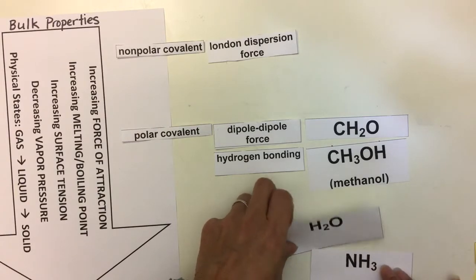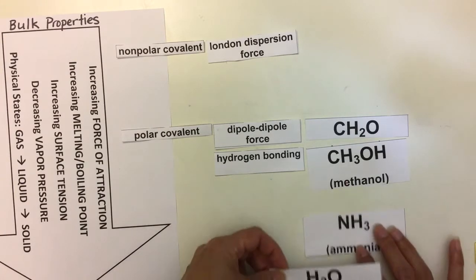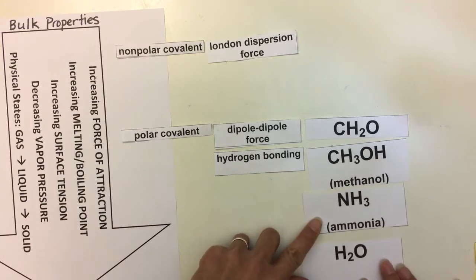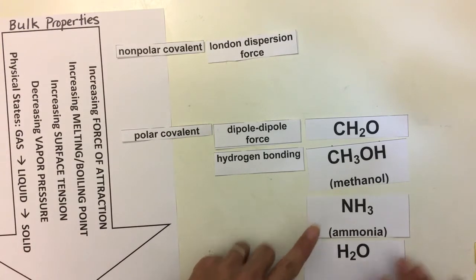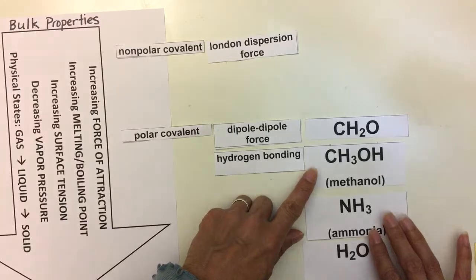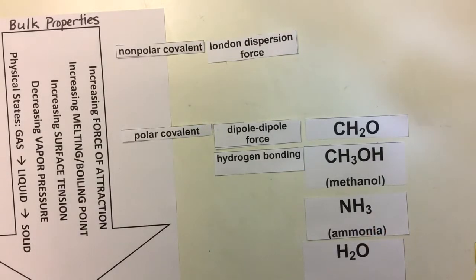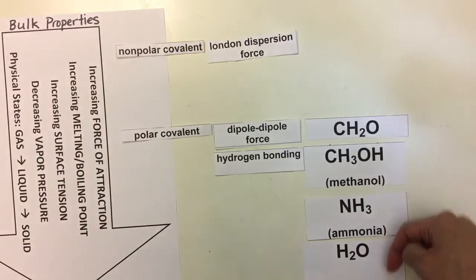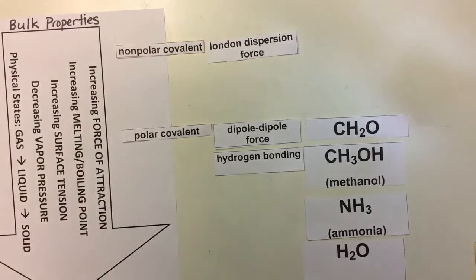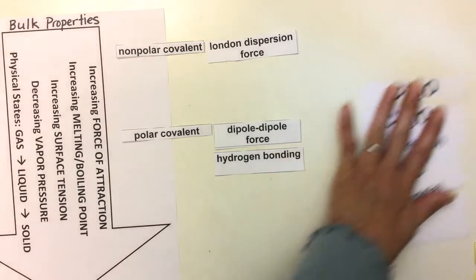So you're going to see stronger dipoles in here, which means it's going to have stronger attractive forces between particles. And so the ranking order of these four substances would be the following. So you're going to see it increasing in melting point or boiling point as you go down these four molecules.